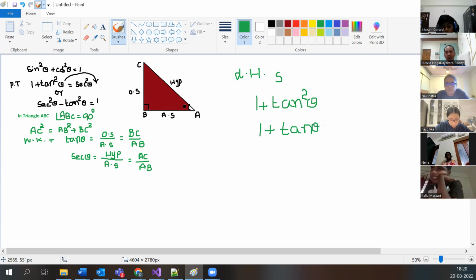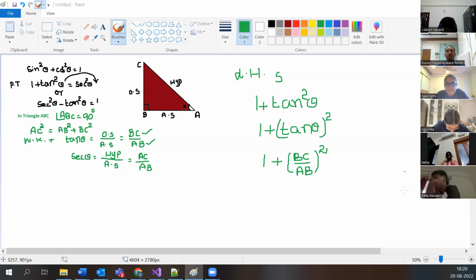What is the definition of tan theta? We will apply it over here: opposite side by adjacent side. The opposite side is BC and the adjacent is AB, so BC by AB whole square.